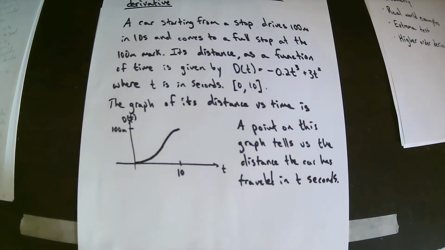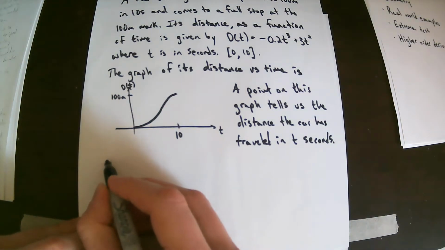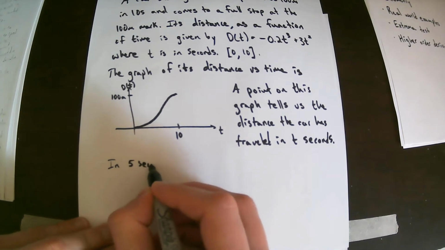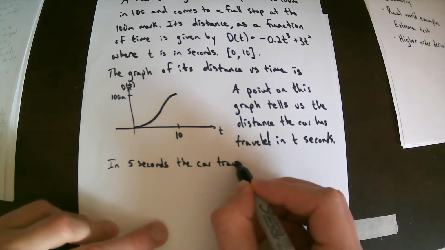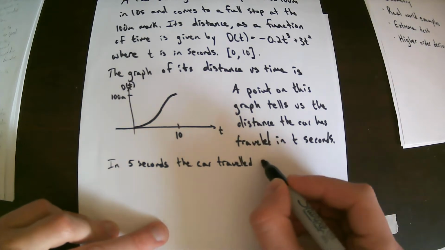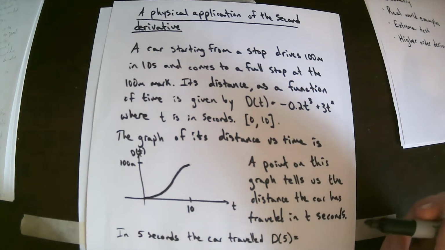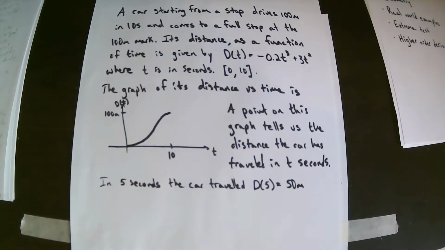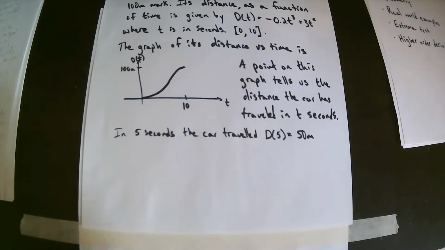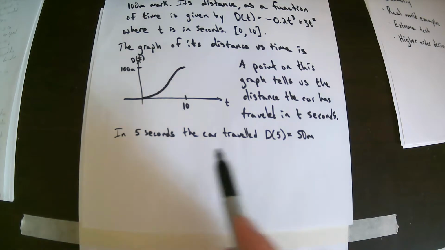So if I wanted to know how far the car has traveled in 5 seconds, I would just say in 5 seconds the car traveled D of 5, and you would plug that into your function, and that would be right in the middle, 50 meters. Okay. That's what a point on this graph tells us, and that's how we use the function to find that point.